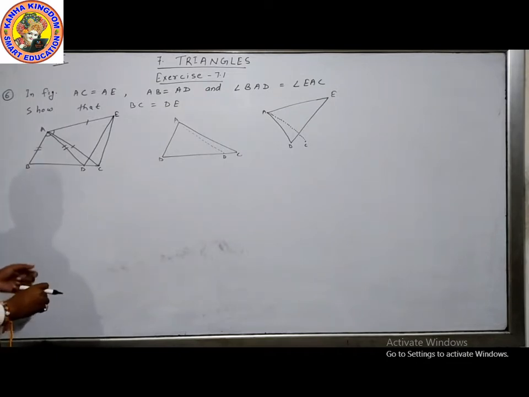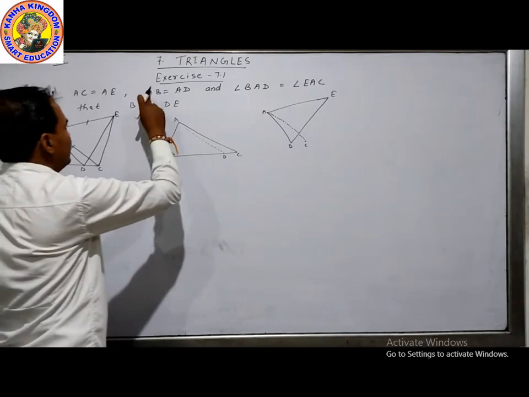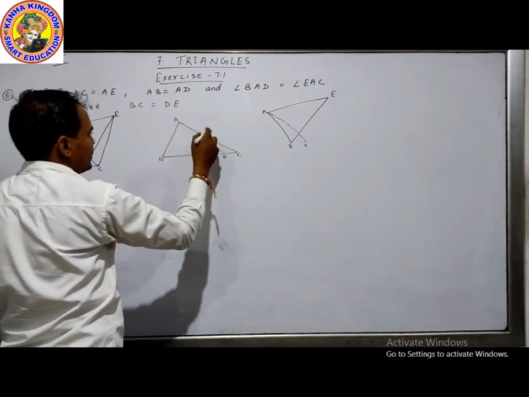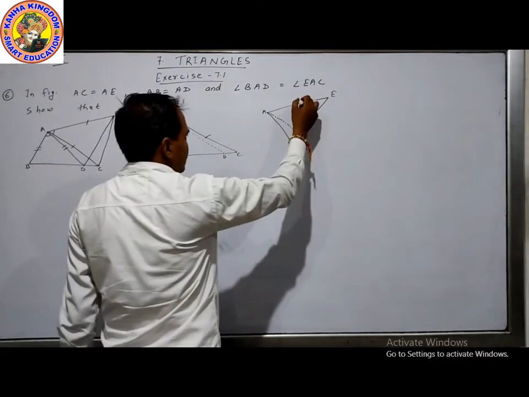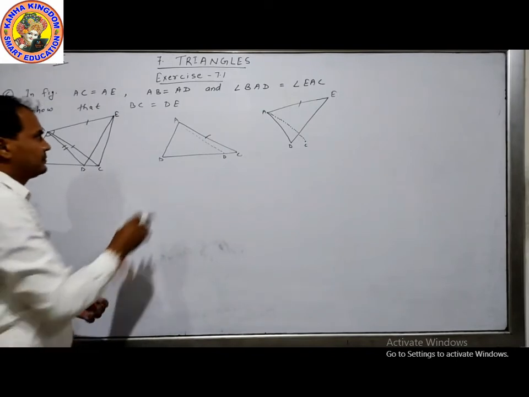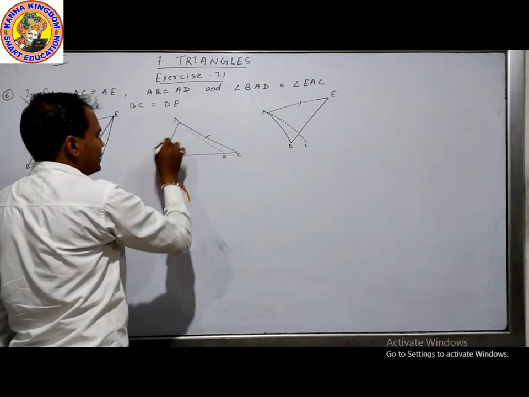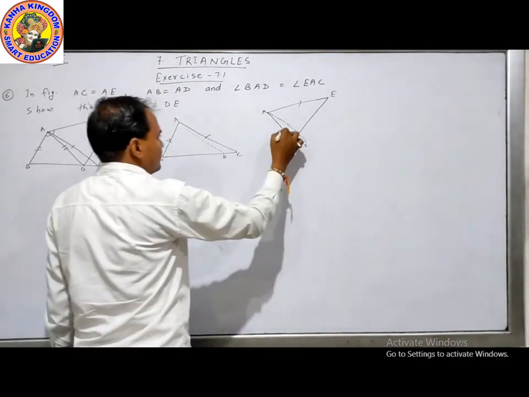In this diagram, marking AC is equal to AE, AC this, and AE this. There are two sides which are equal. AB and AD, this is AB and this is AD.